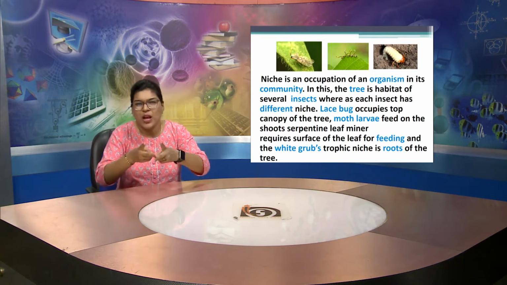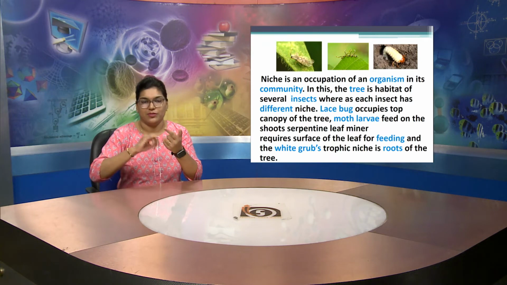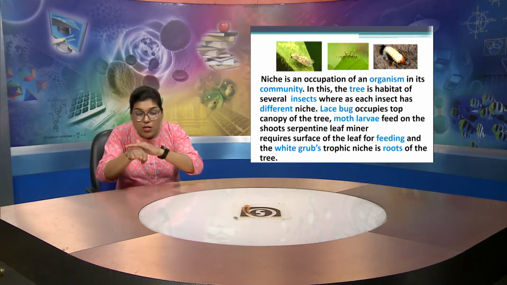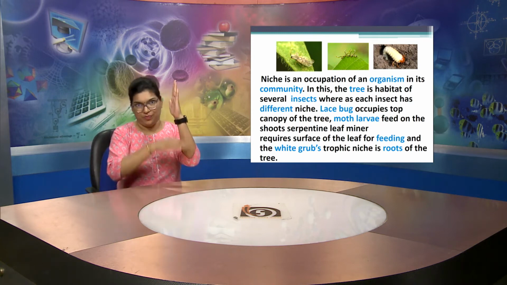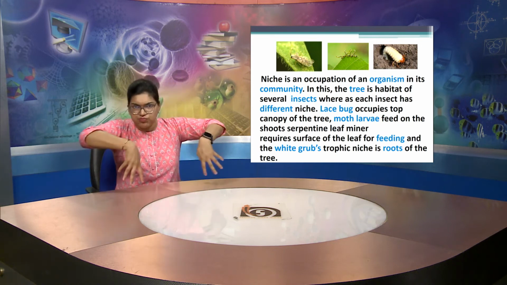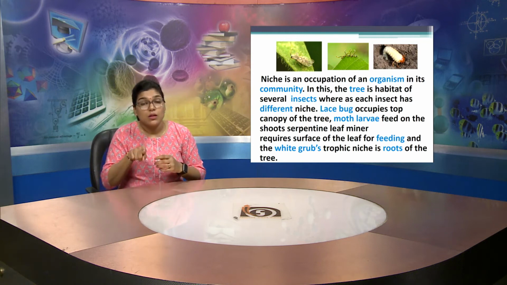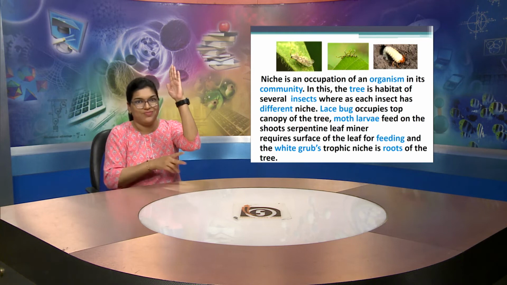Birds live on top, insects live on the different parts of the plant or tree, and there are some insects which are under the ground also. So similarly, different parts of the tree have different organisms.